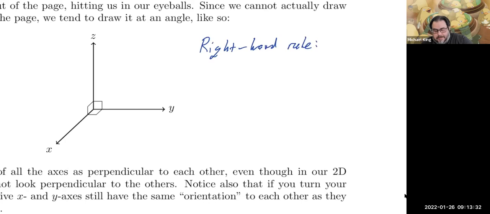which is you point your fingers, not your thumb, just your four fingers, towards the X-axis or along the X-axis. Imagine your hands at the origin, right? Maybe I should say that first.